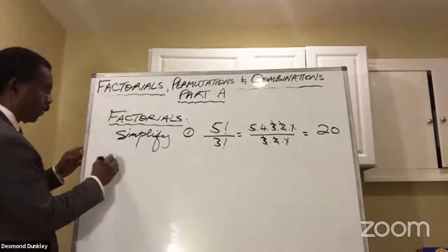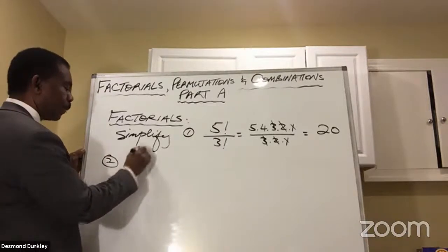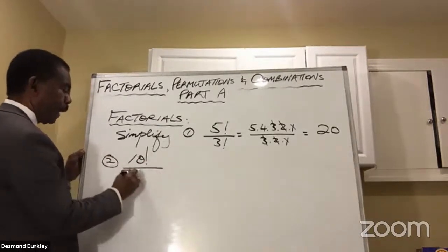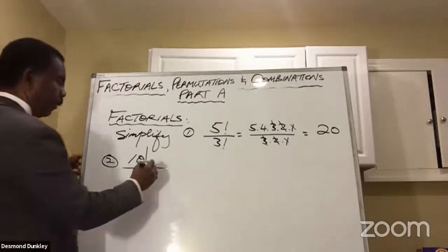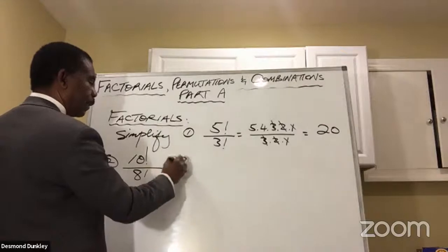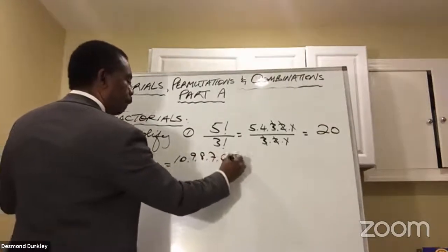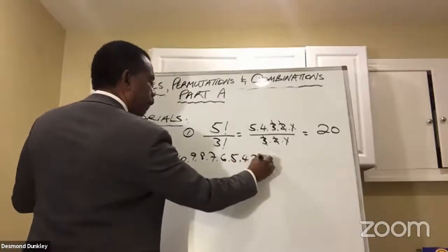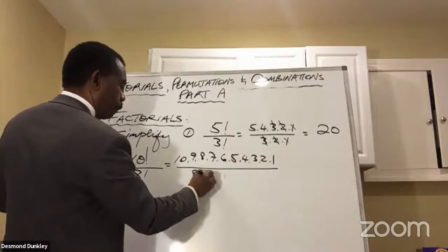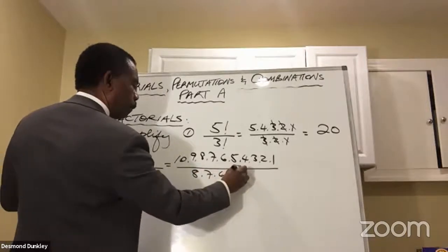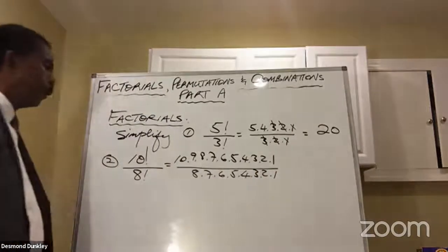So then let's go another one. Suppose I ask you what is 10 factorial divided by 8 factorial. Then you know that's going to be 10 times 9 times 8 times 7 times 6, and so on. What do you notice?